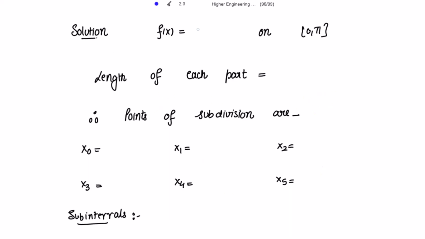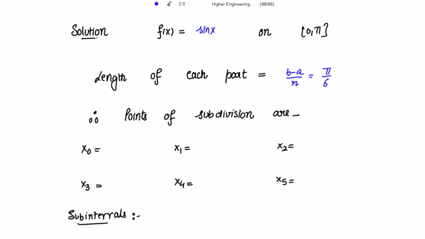So let's take the function to be sin x on this given interval, and the length of each part is equal to b minus a divided by n, that is pi minus 0 divided by 6, which is pi by 6. Now finding the points of subdivision.